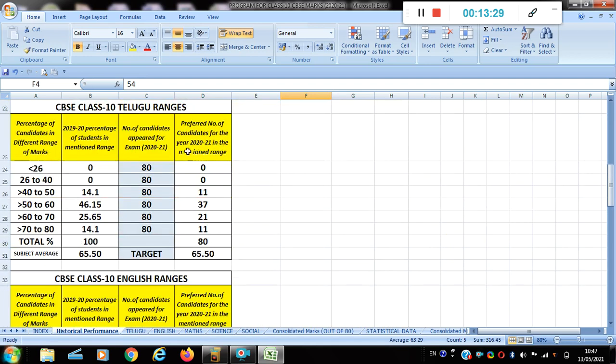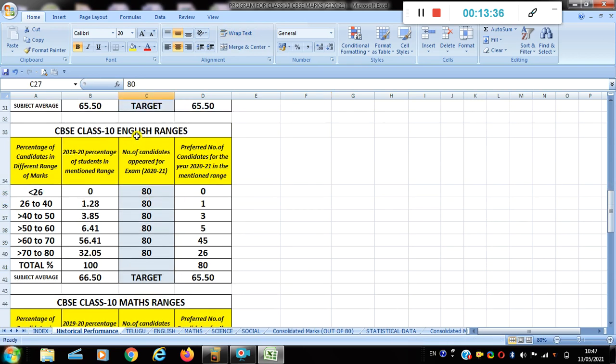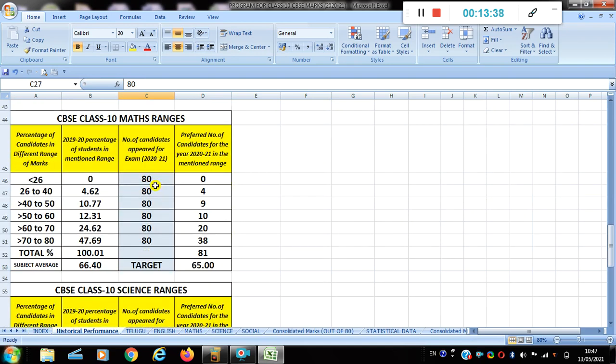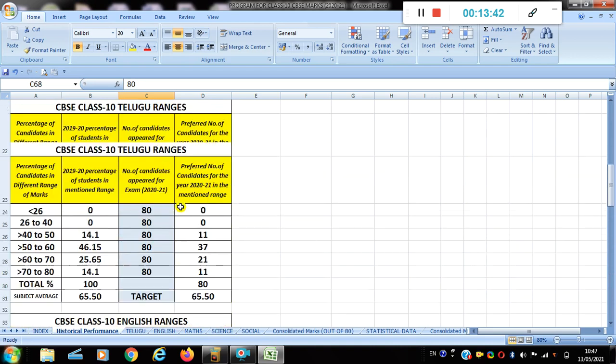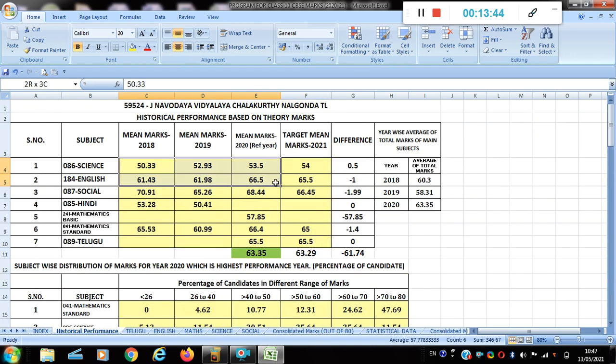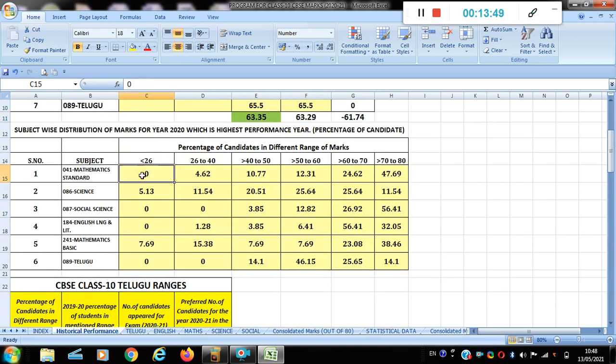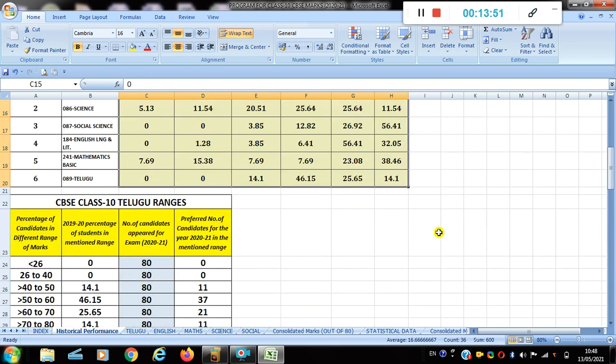Okay, then these are automatically generated. You only need to fill the blue color cell 80, remaining all the same thing: English, mathematics, science, social. Here also the cells in color you must fill manually. Here also cells in color you must fill manually.